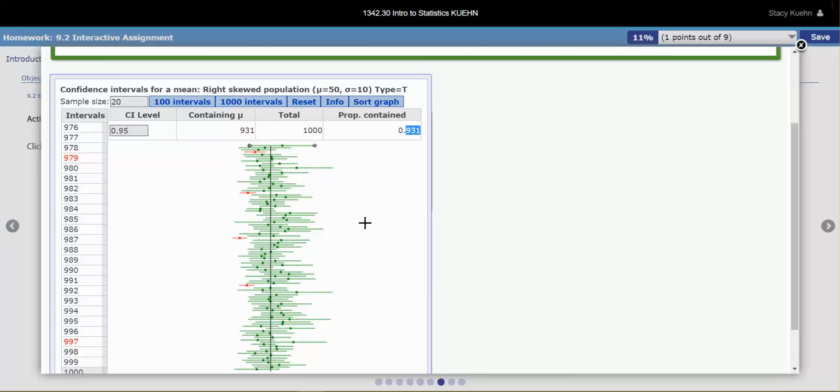You can see, however, that when my data is skewed right, I'm going to have to increase the size of my sample. That's one way for us to get the proportion of intervals containing the mean to be within my level of confidence.